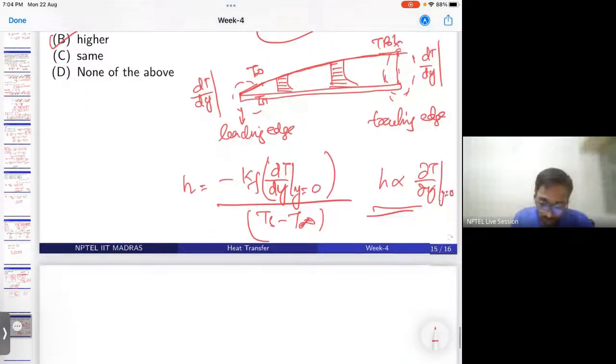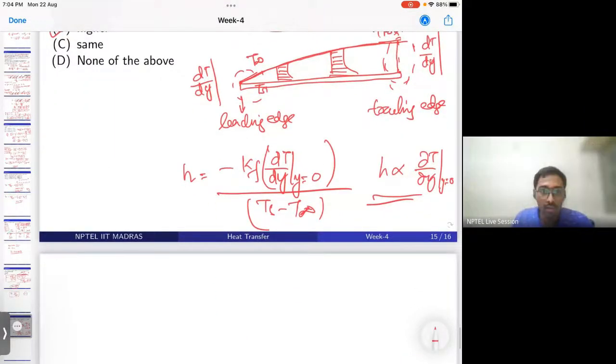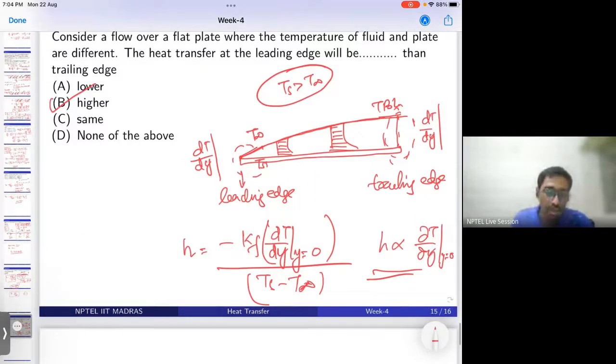As for the expression for the heat transfer coefficient with respect to x, we will derive it in the coming lectures, and at that time you will get more clarity on this concept. Right now I am just linking it with the temperature gradient.